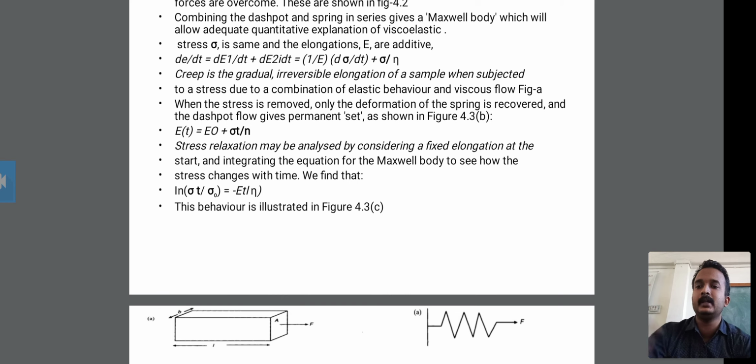Then the stress relaxation can be analyzed by considering the fixed elongation at the start and integrating the equation for the Maxwell body to see how the stress changes with time. And we find that ln sigma t upon sigma 0 is equal to minus Et upon eta.